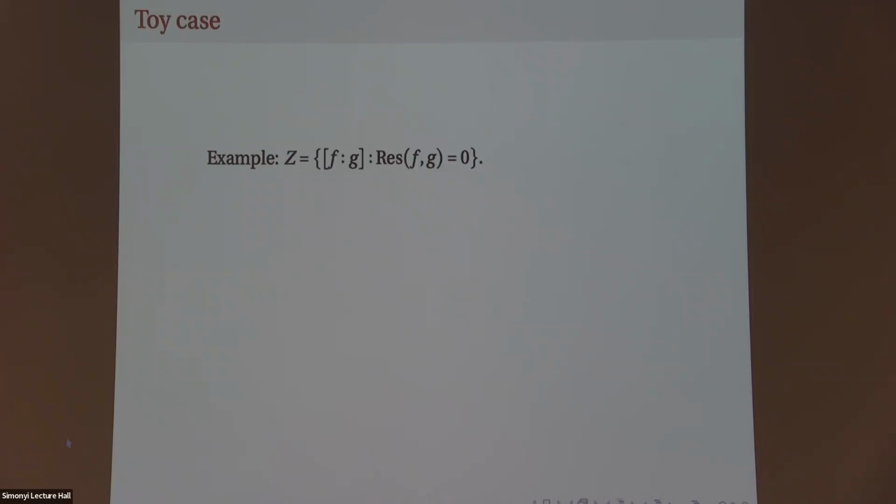So Z was the resultant zero locus, and I want to define T, the normalization of Z, recording one common zero at least. Ft equals Gt equals 0 should be there. Sorry.